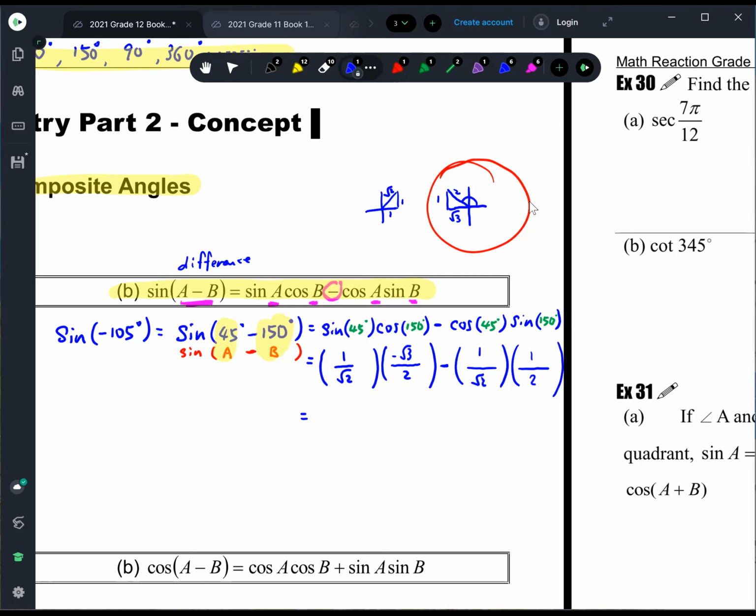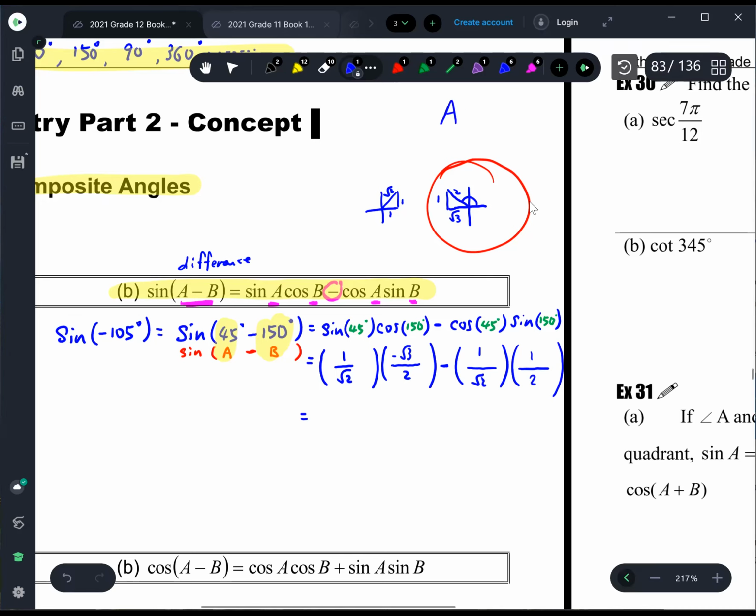I gotta pull up the notes. The hypotenuse and opposite. No, we are talking about the ASTC. Do you remember this? In the quadrant, we have ASTC. Do you remember what each one represents?